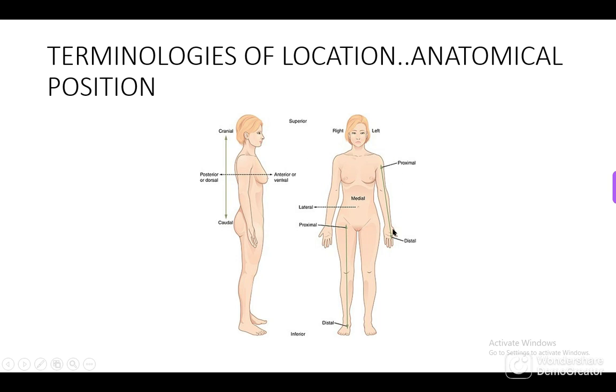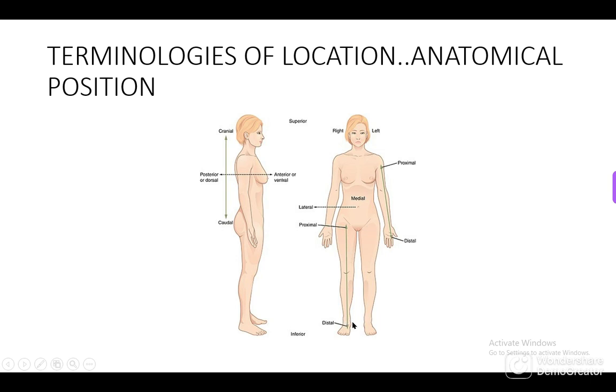This is the right side, the left side. You see the abdomen and the thorax, and these are the forearms and arms, and the palms are slightly medially rotated. It is in supination, and on the lower down again is the dorsiflexion, and the feet are straight forward.